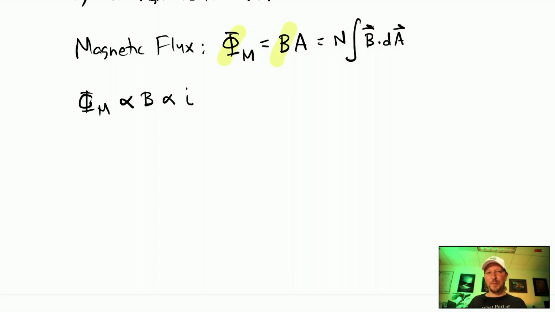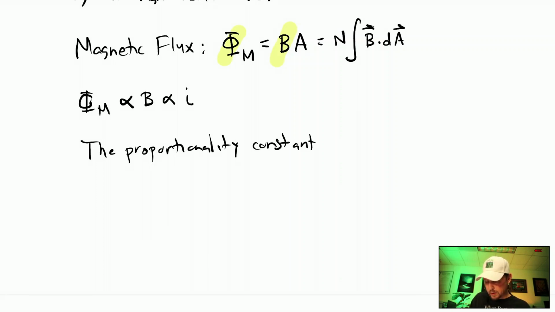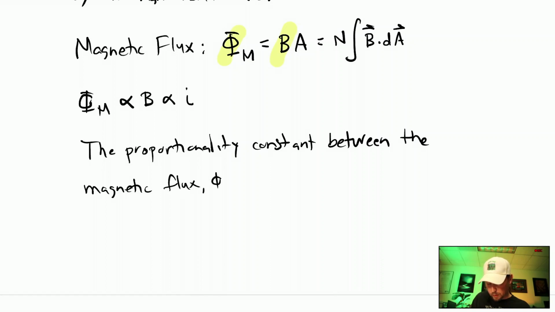And the constant of proportionality between the magnetic flux and the current is what we call the inductance. So let's write that down. The proportionality constant between the magnetic flux and the current that generates it is the inductance.